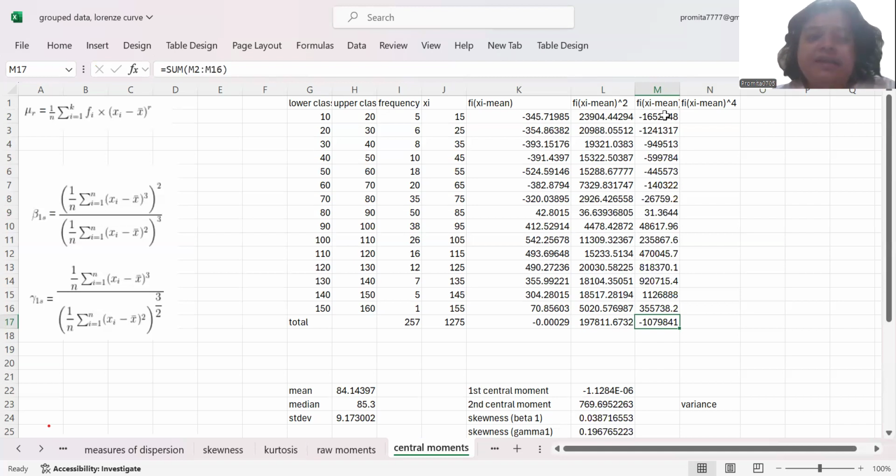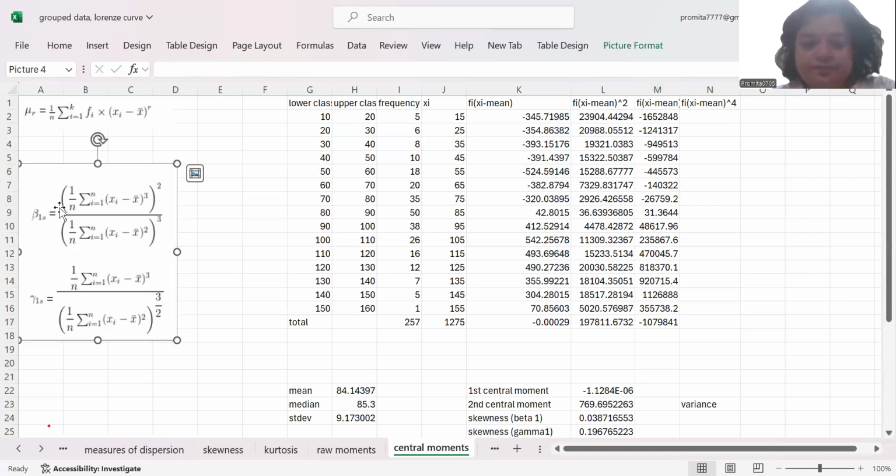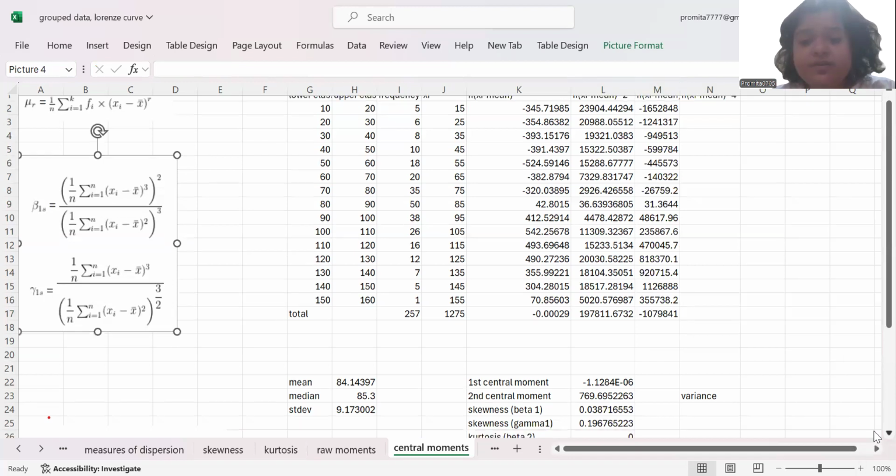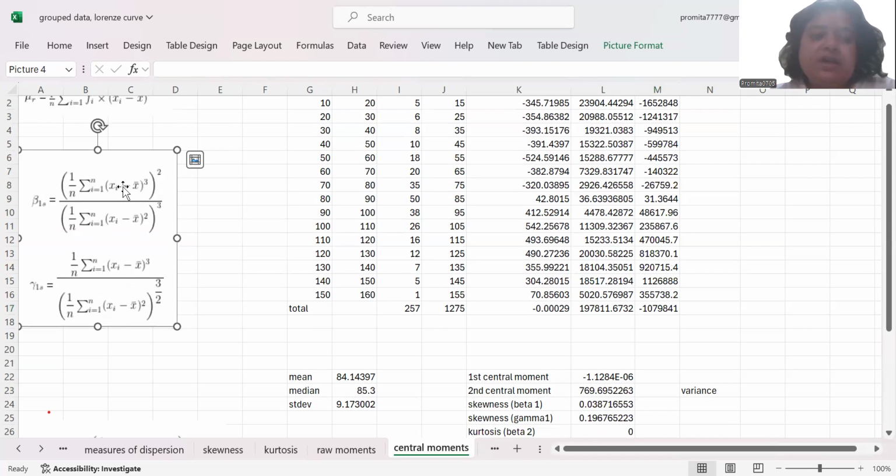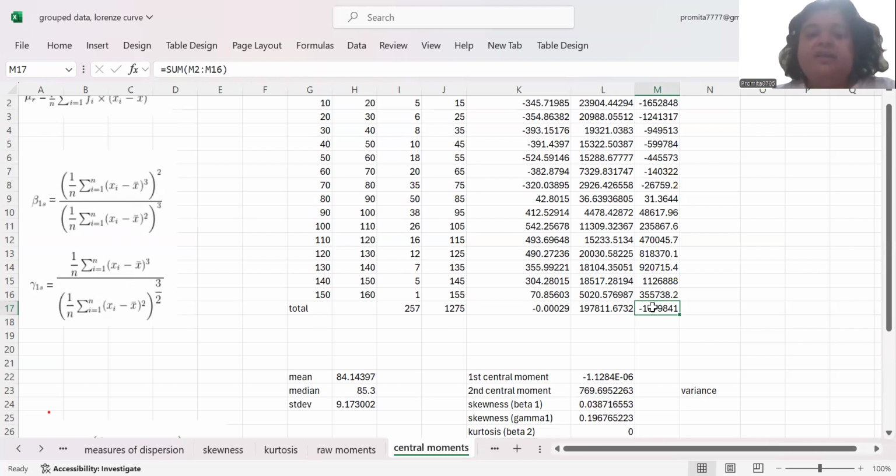Now we will be calculating this measure of skewness. So it is this whole square divided by 1 by n summation fi into xi minus x bar whole square.